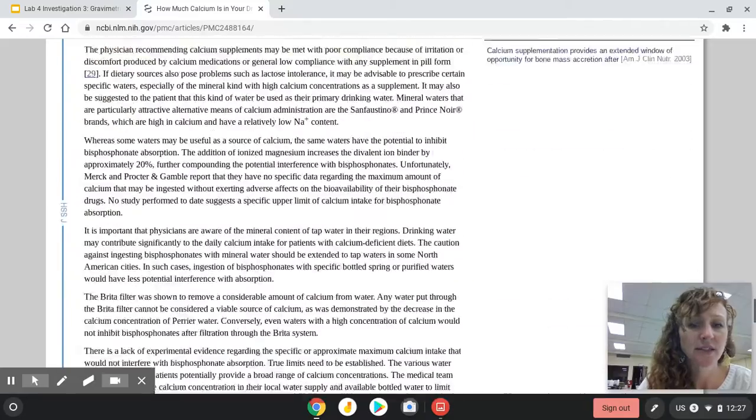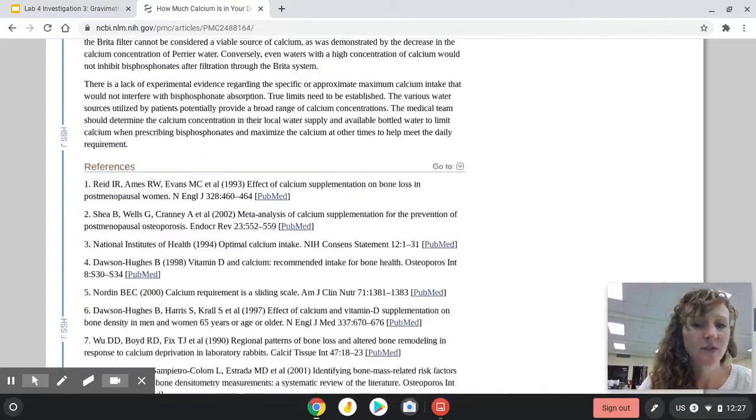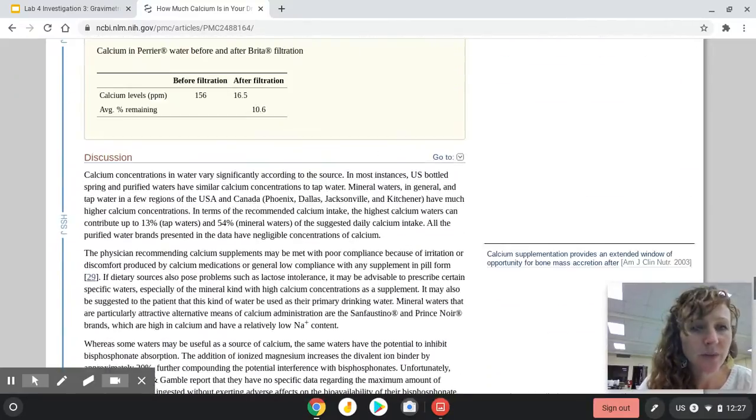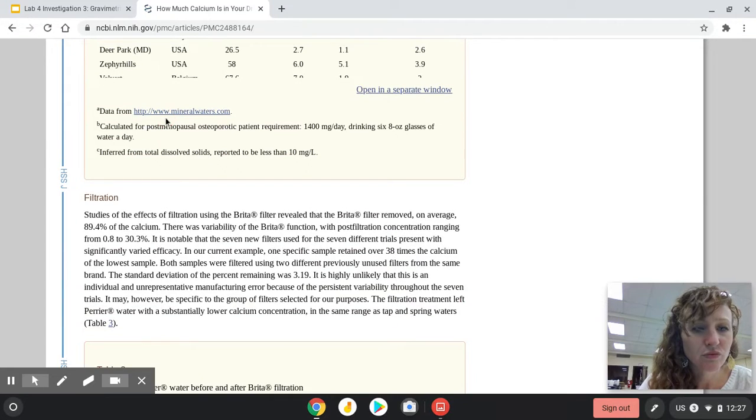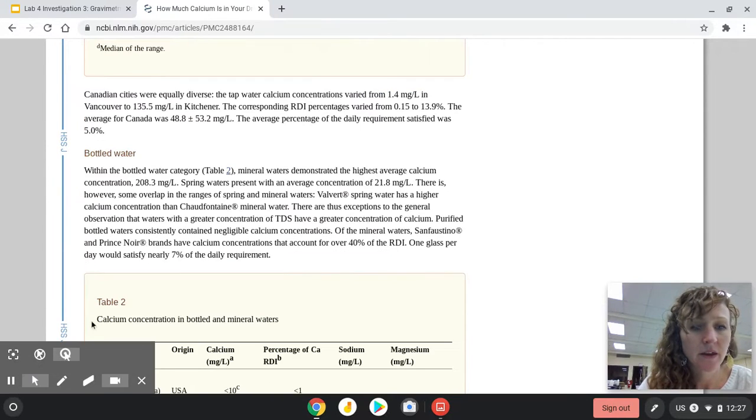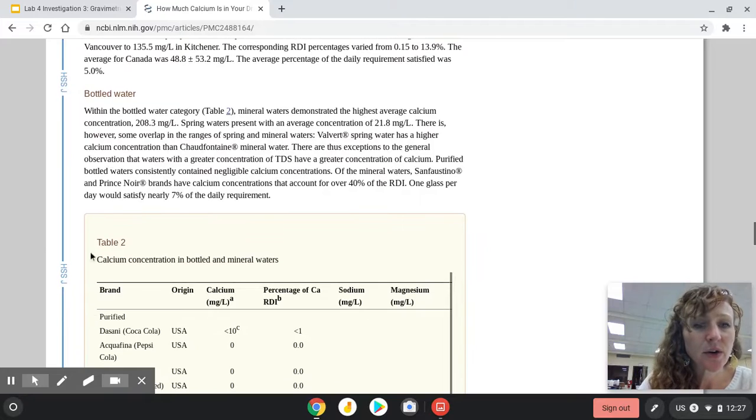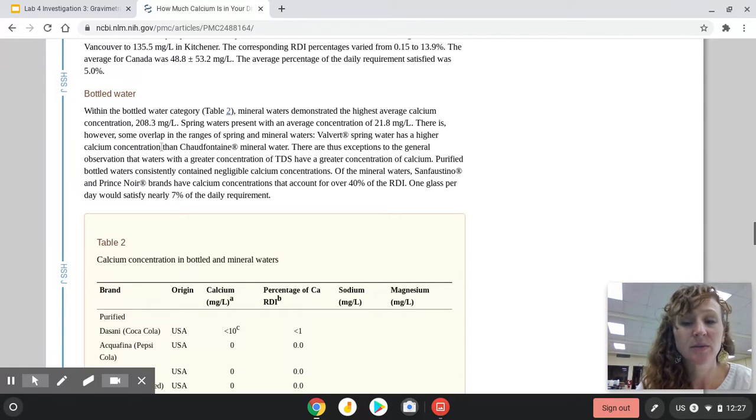Wait for it. Wait for it. Oh no, where did it go? Okay, here we go. So it shows here about how much calcium they found in water.